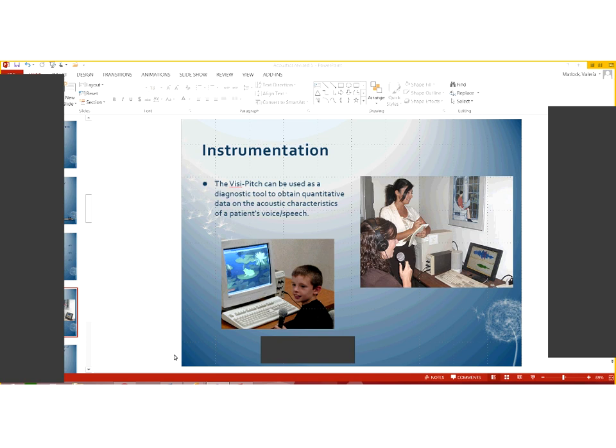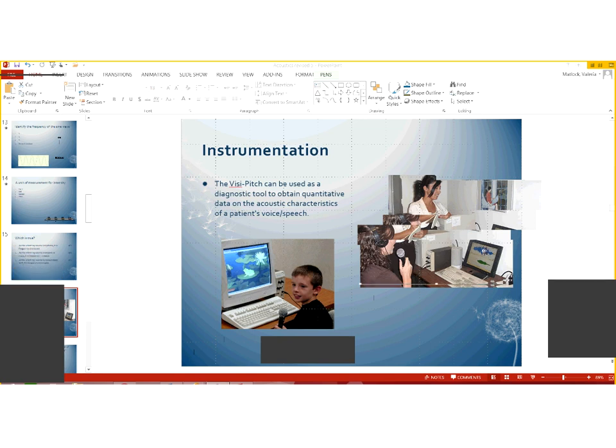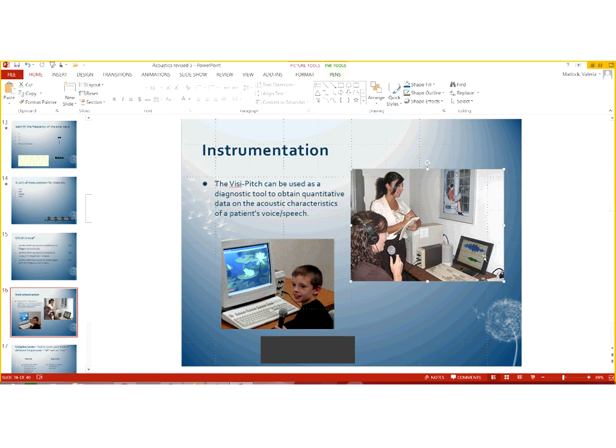So the instrumentation that a speech pathologist would use to analyze the acoustical production of their client or patient's voice, they would use the VisiPitch, which is now a computerized oscillator. If you look at this screen, it depicts sine waves, and we can determine the frequency or the acoustical characteristics of speech.